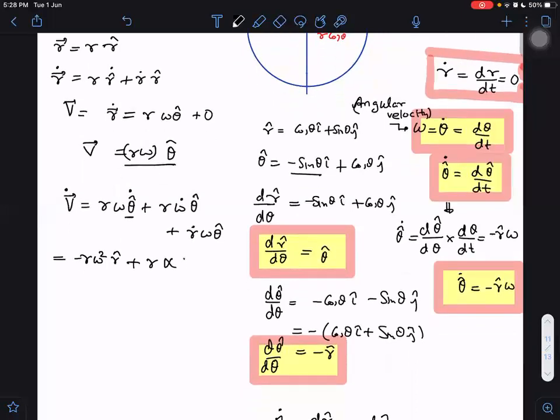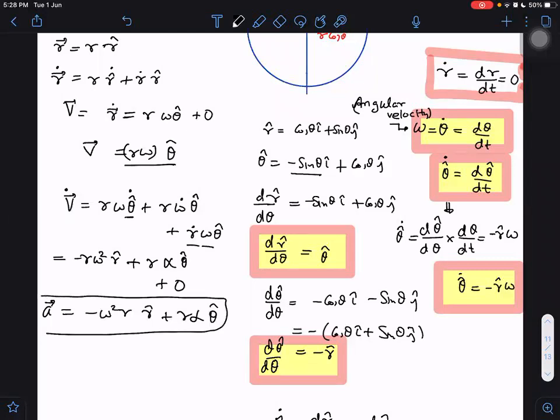R alpha into theta cap plus r dot into omega. R dot into omega is 0 here. So we are getting minus omega square r into r cap plus r alpha into theta cap. This is the acceleration.